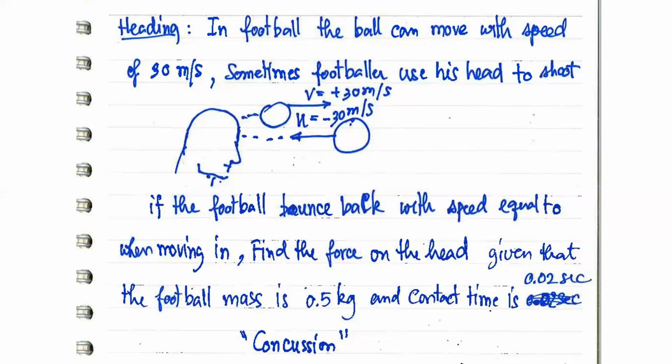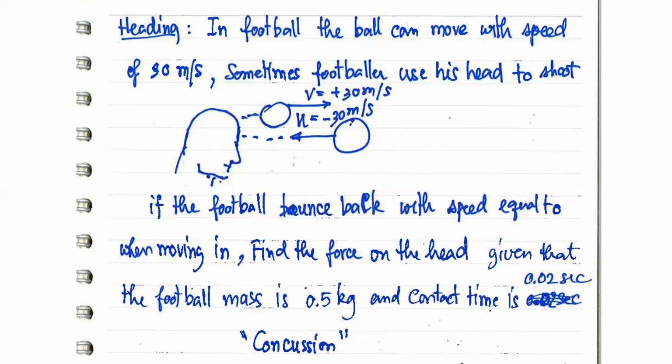Now, in this problem, we will consider that if the ball can move with a speed of 30 meters per second, and that is around 108 kilometers per hour, and then you use your head to shoot.